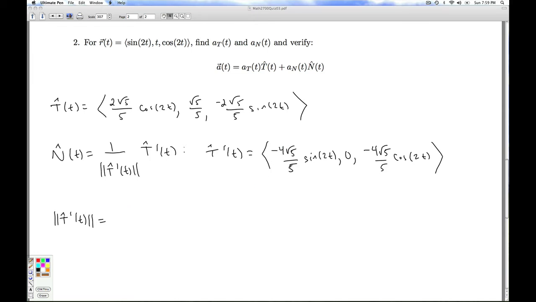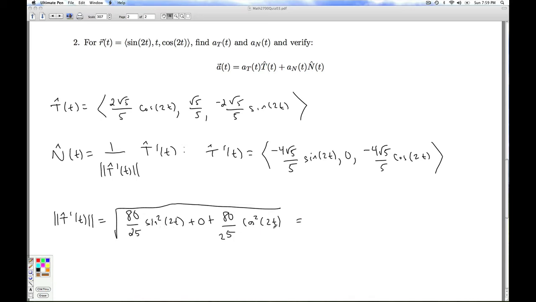If I square this, I'm going to get 16 times 5 over 25, which is 80 over 25, sine squared 2t, 0 squared of course is 0, and then 80 over 25 cosine squared of 2t, all underneath that radical.